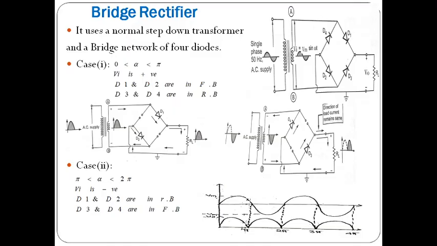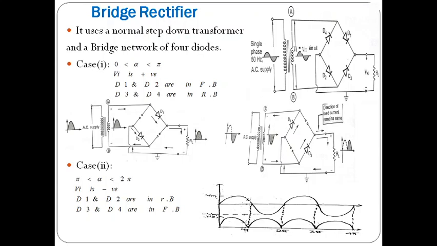So here we are using 4 diodes which are connected in bridge format. Instead of a center-tapped transformer, we are using a step down transformer. So in this bridge rectifier, we are using one step down transformer, then 4 diodes connected in bridge format, and the output is taken across the load at the output side.